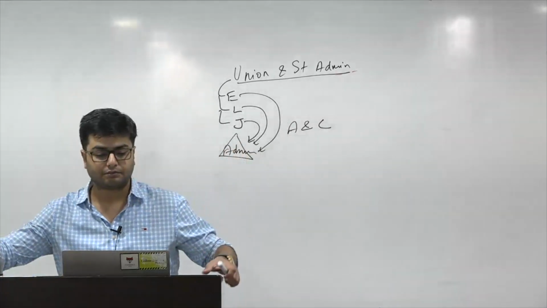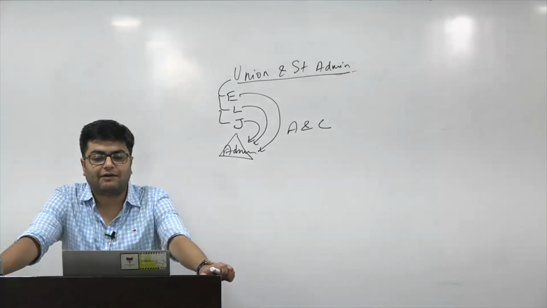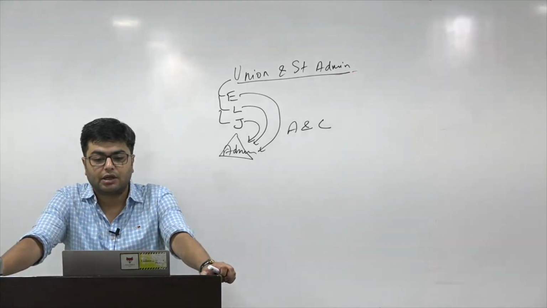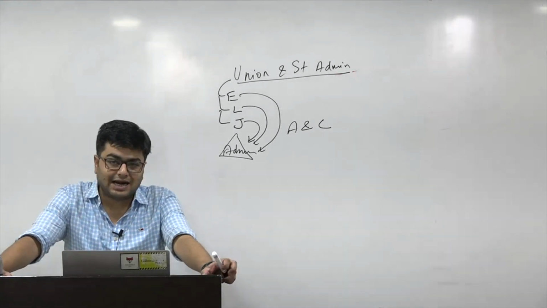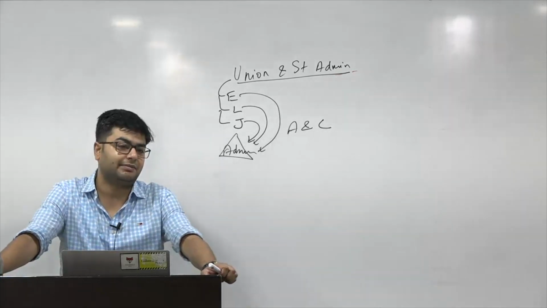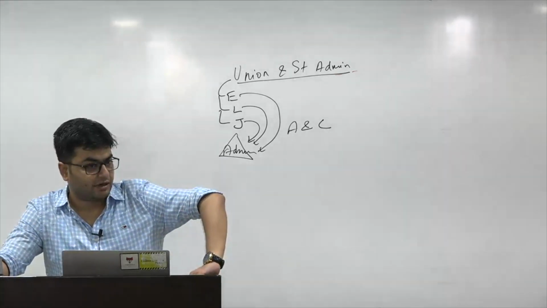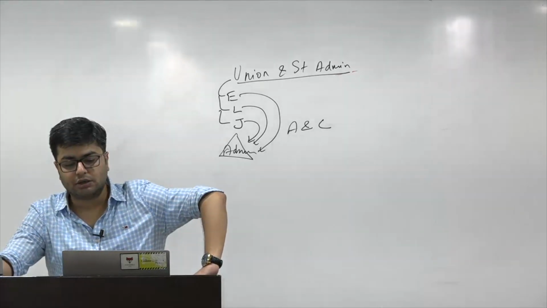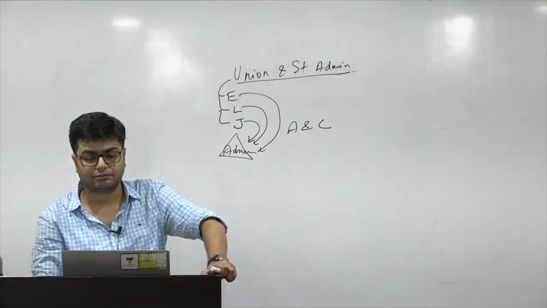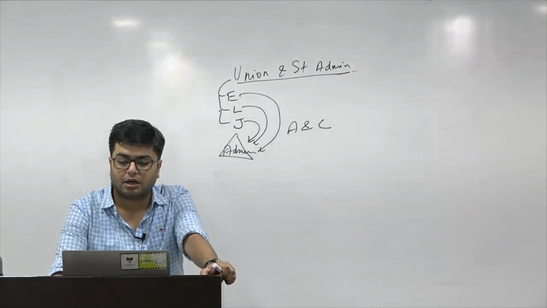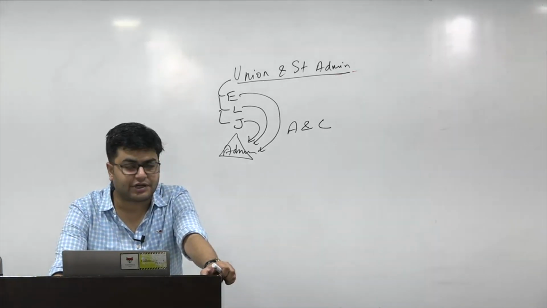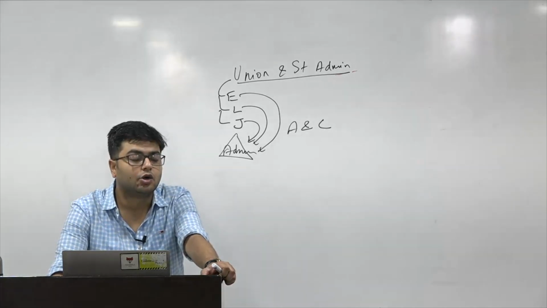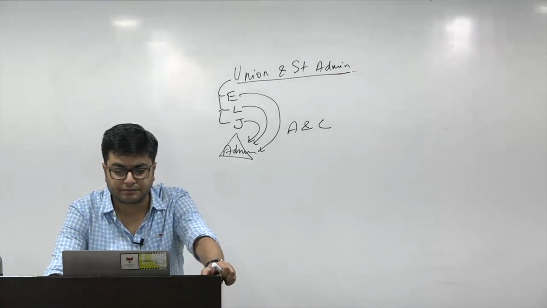Okay. So the executive looks after the day-to-day functioning. And in that sense, administration is more intimately wedded to the executive than the other two pillars. Okay. And it is the executive which has the democratic mandate to actually run the affairs.